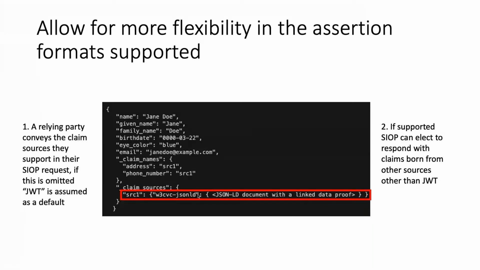And this proposal would be to essentially assume it by default, but allow a relying party on request to a provider to say that I actually support alternative forms of claims on an opt-in basis. And therefore the provider, if they supported it and wanted to render those claims in an alternative format, could do so and wouldn't be forced to also sign them in a JWT form.